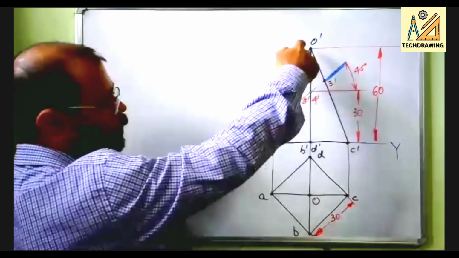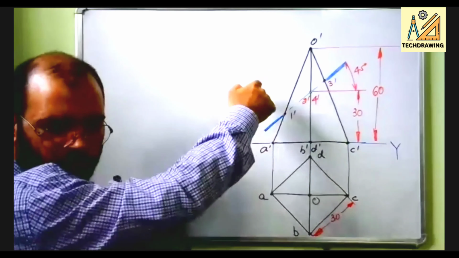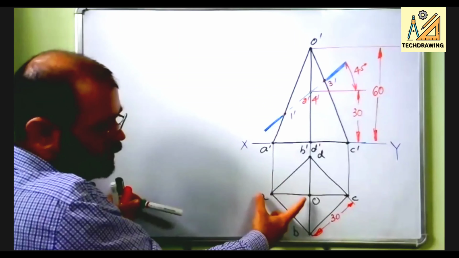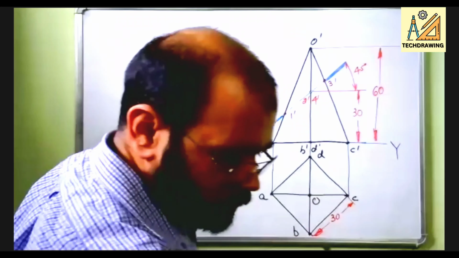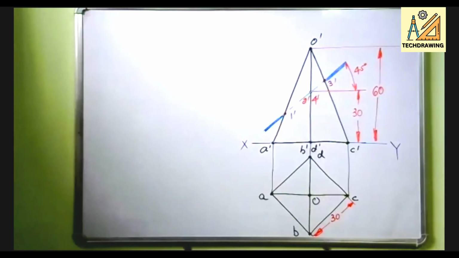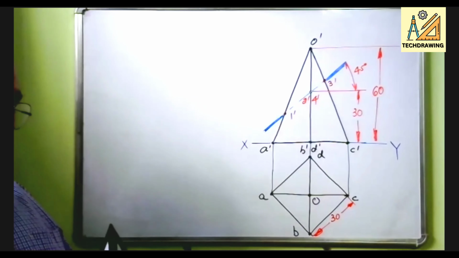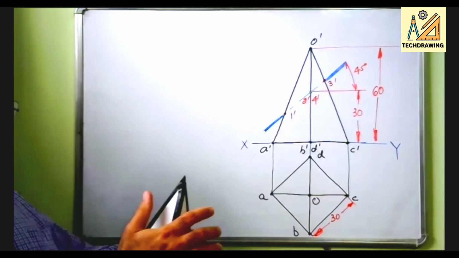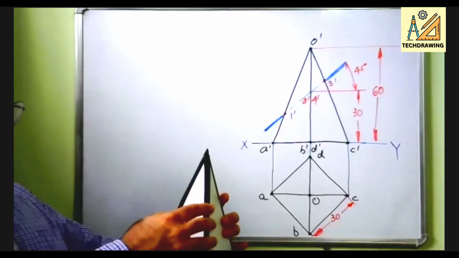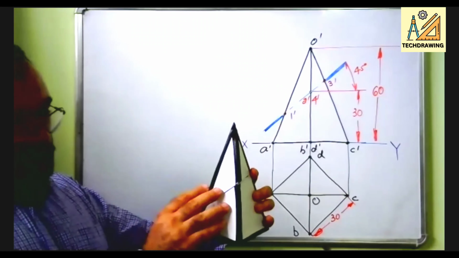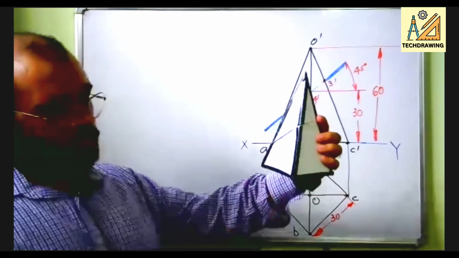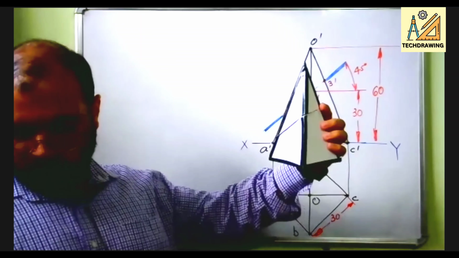Like this is O dash A dash in the front view. This is OA in the top view. So this is the front view.